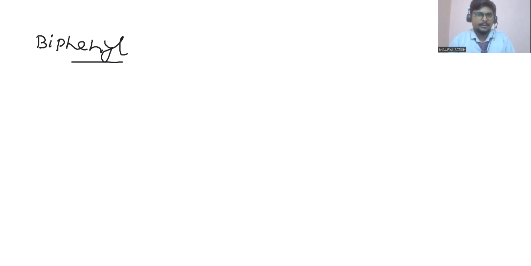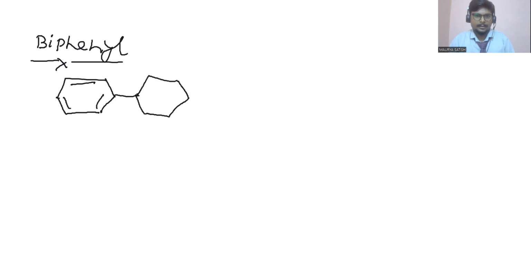Clear? Let us see the biphenyl type compound. Biphenyl, you know, has two rings. So this is a biphenyl type compound. If you see this compound, this is obviously cyclic. Conjugation is also there.